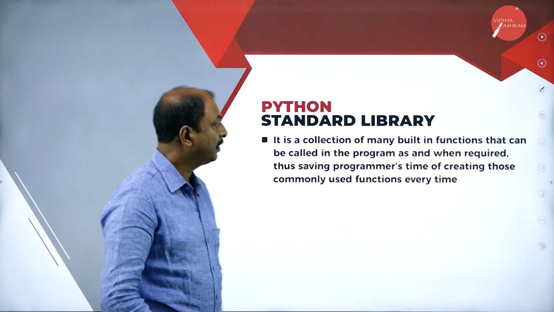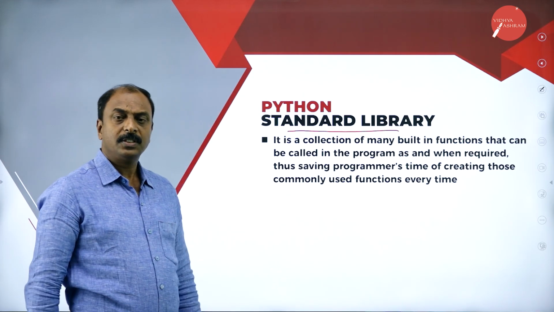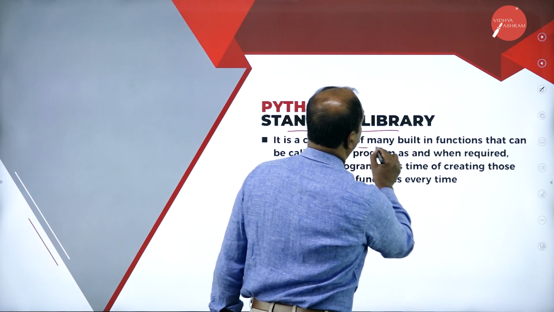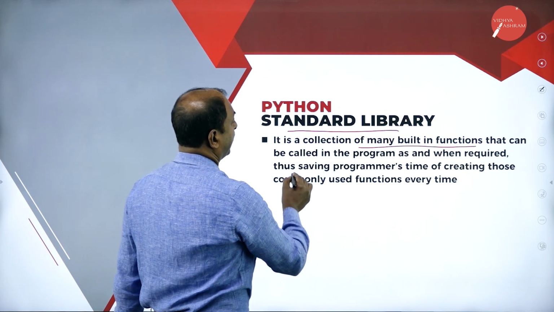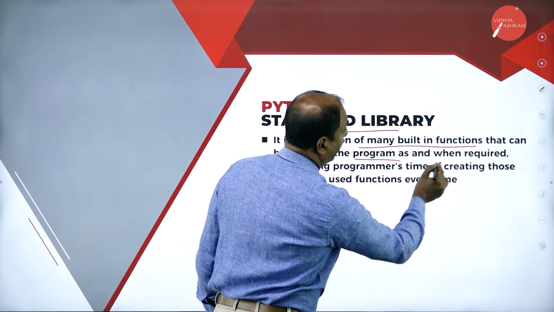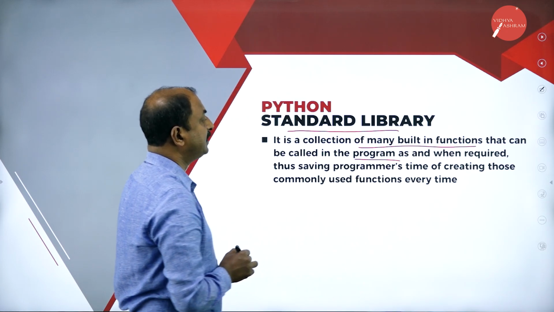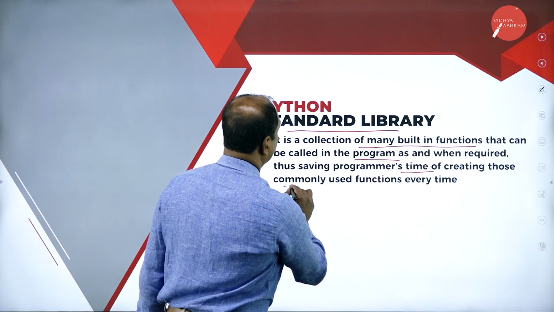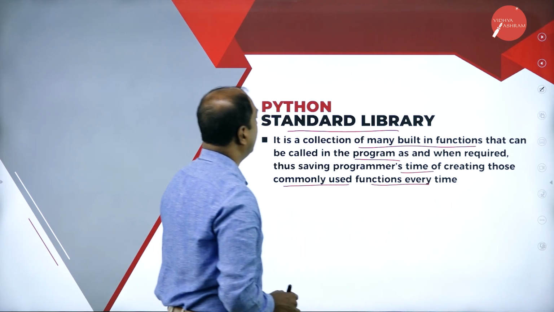In the next concept, we will see what a standard library is. Python is a collection of many built-in functions that can be called in a program as and when required, thus saving the programmer's time creating those commonly used functions every time.